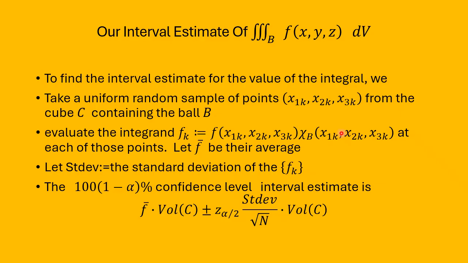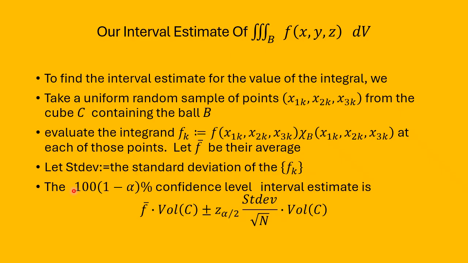And we'll evaluate this for each of the points that we have in our random sample, and we'll let f bar be the average or mean of these f sub k's. Let's let the variable stdev, more or less standard deviation, be the standard deviation of the f sub k's.